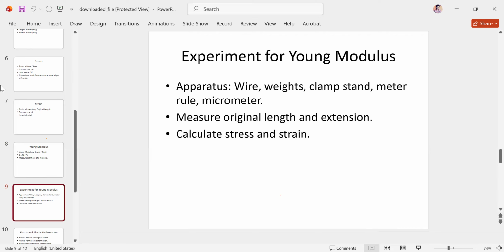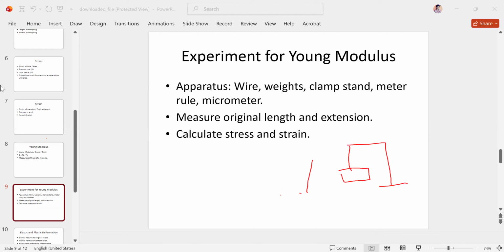Suppose practically, take a stand, hang a wire. Simply you measure its length. After that, you grip, bind a load with this wire.